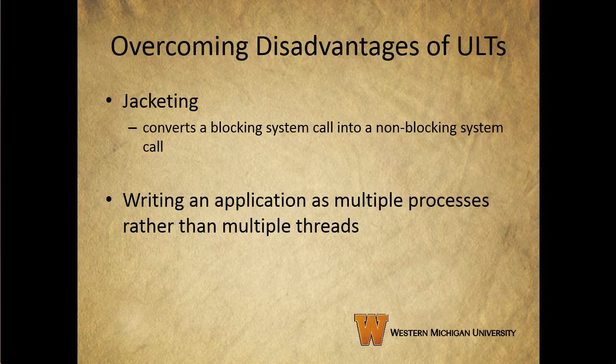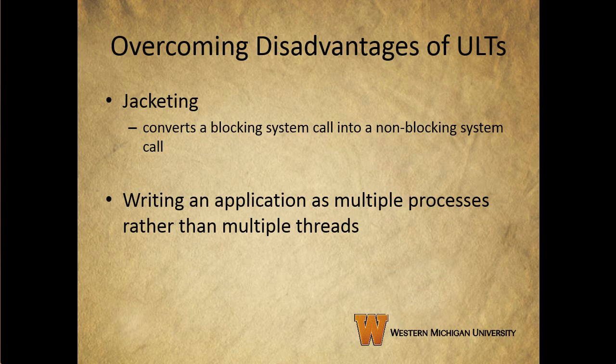Within this jacket routine is code that checks to determine if the I/O device is busy. If it is, the thread enters the blocked state and passes control through the threads library to another thread. When the thread is later given control again, the jacket routine checks the I/O device again. So this can allow us to make system calls from a thread without having to block the entire process.